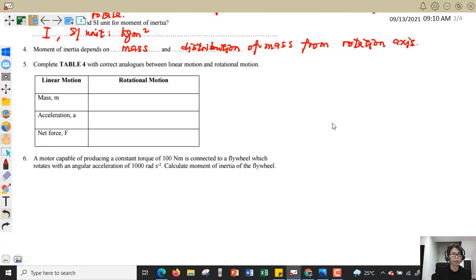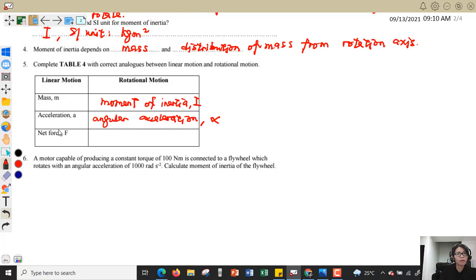Question 5. Complete table 4 with the correct analogy between linear motion and rotational motion. In linear motion, normally we consider mass when we're talking about inertia. But in rotational motion, if we would like to know how easy it is for the object to rotate, we are going to consider moment of inertia, I. In linear motion, we have acceleration a, but for rotational motion, we have what we call angular acceleration, represented by the symbol alpha.